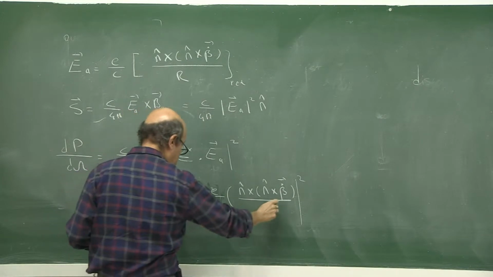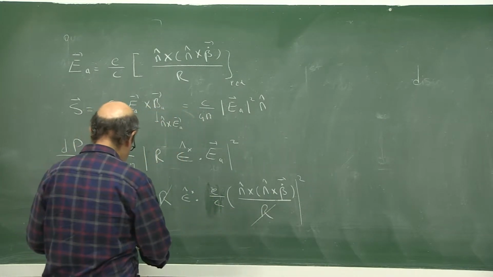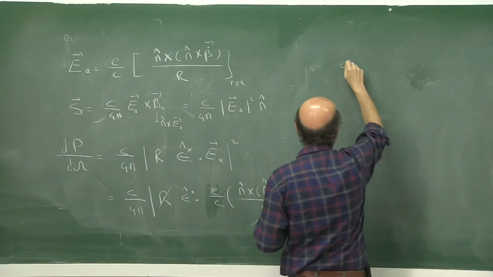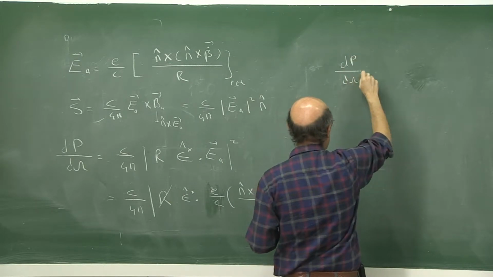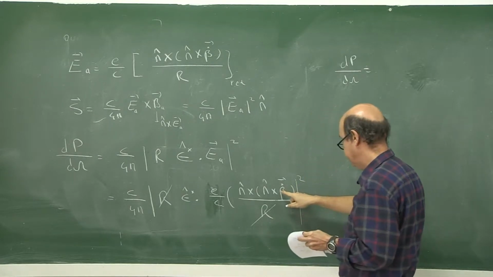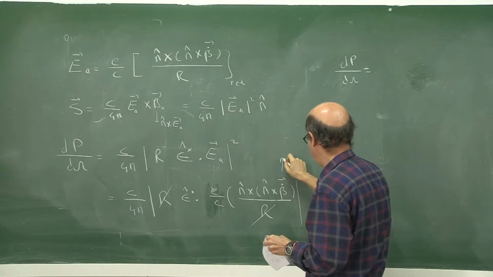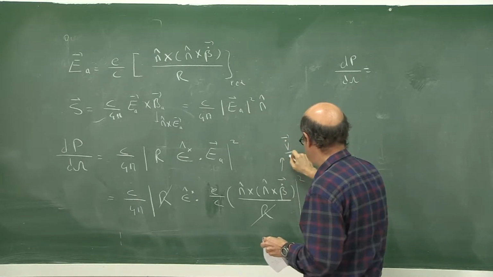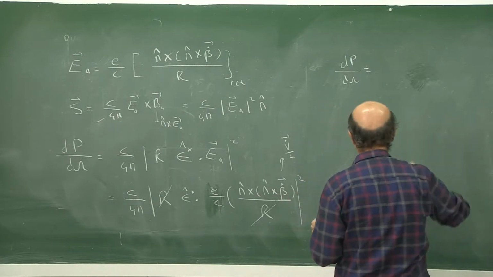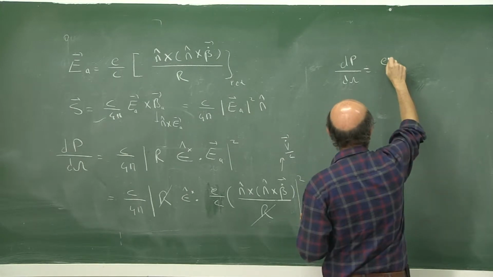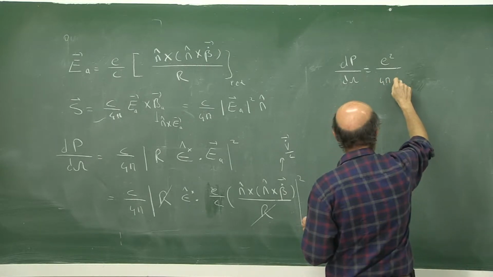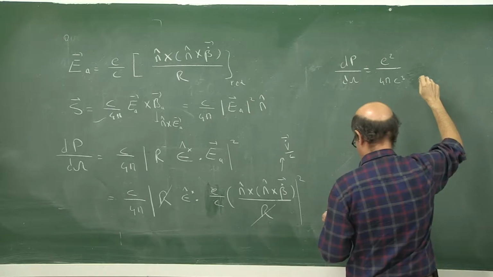As you see, this will cancel out, and we will obtain for the power emitted per solid angle the following form. So take the e and c and write the beta as v dot over c. So this is c to the 4, cancels one of the c, and that will be e squared over 4 pi over c cubed.